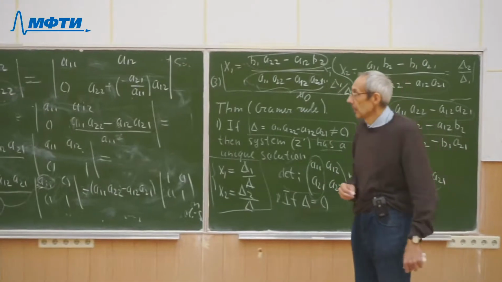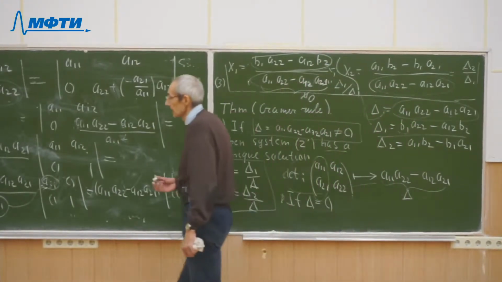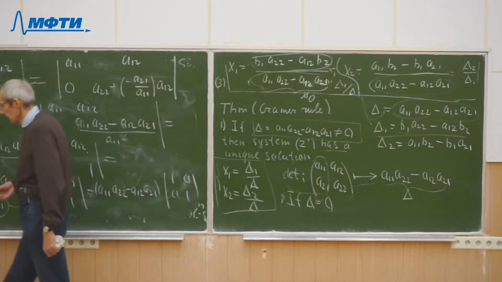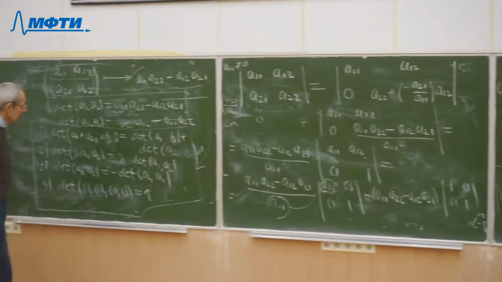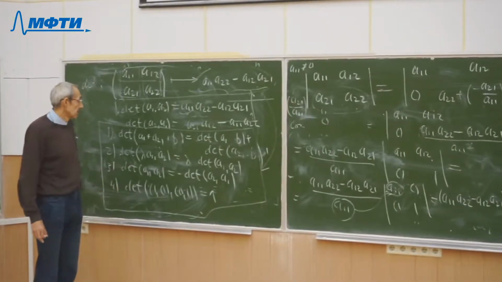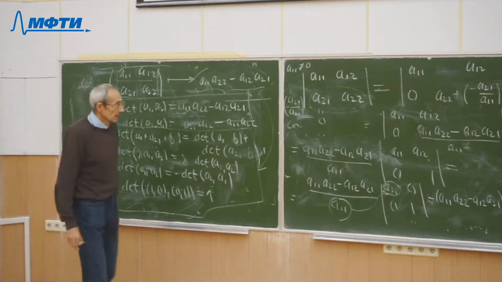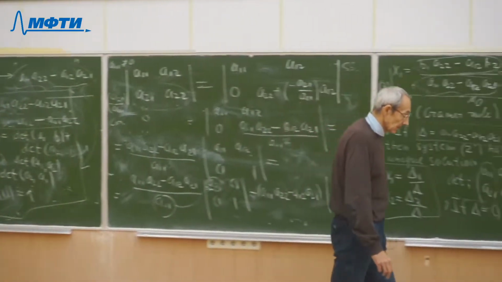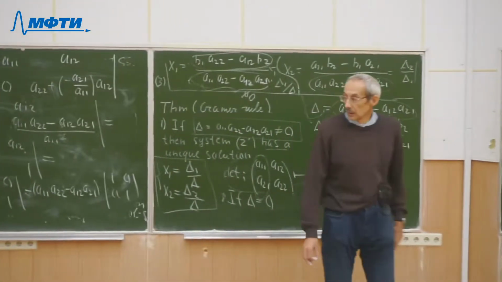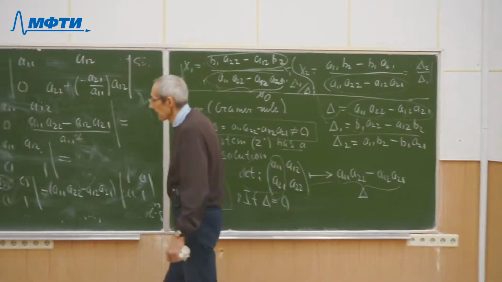This area can change sign, it is not a positive area. The sign is defined by the order of the rows. And we will later discuss in detail this property of changing sign.